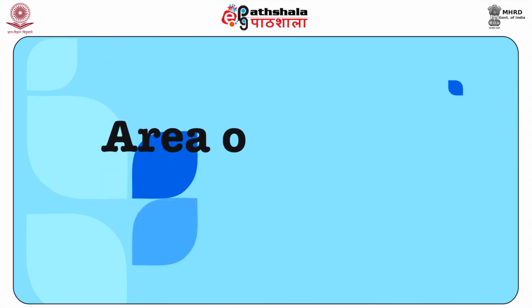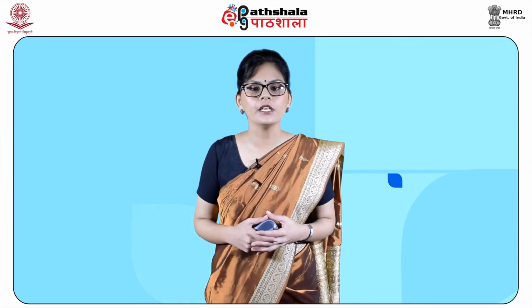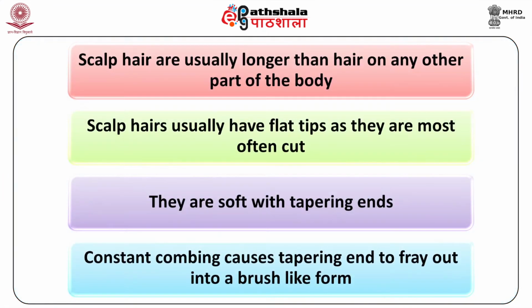The next is area of origin. The hair of one part of the body differs from the other part of the body. Scalp hair are usually longer than hair on any other part of the body. The scalp hairs usually have flat tips as they are most often cut.